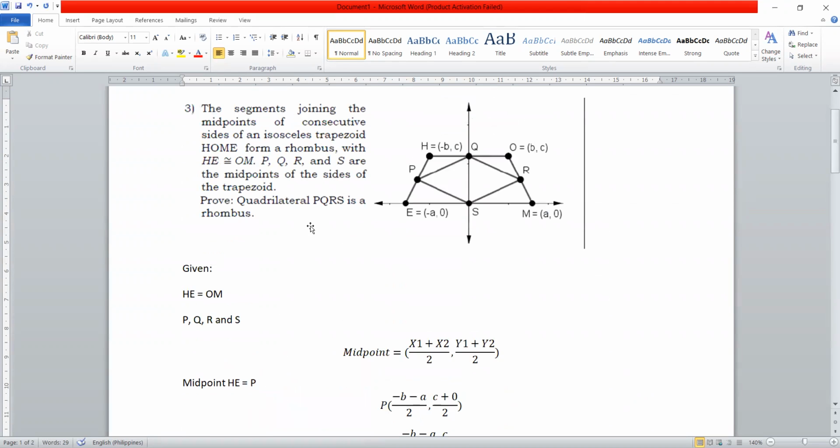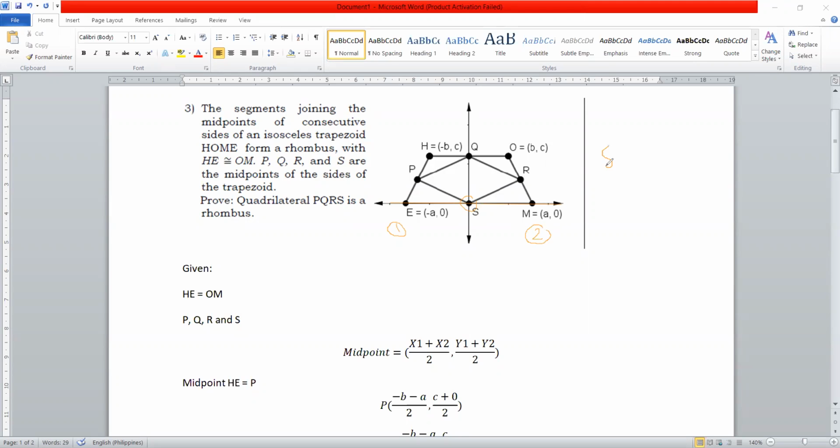Next, we have to look for the coordinates of your point S, and that's the midpoint of line segment EM. So let's say point E is your point 1 and point M is your point 2.